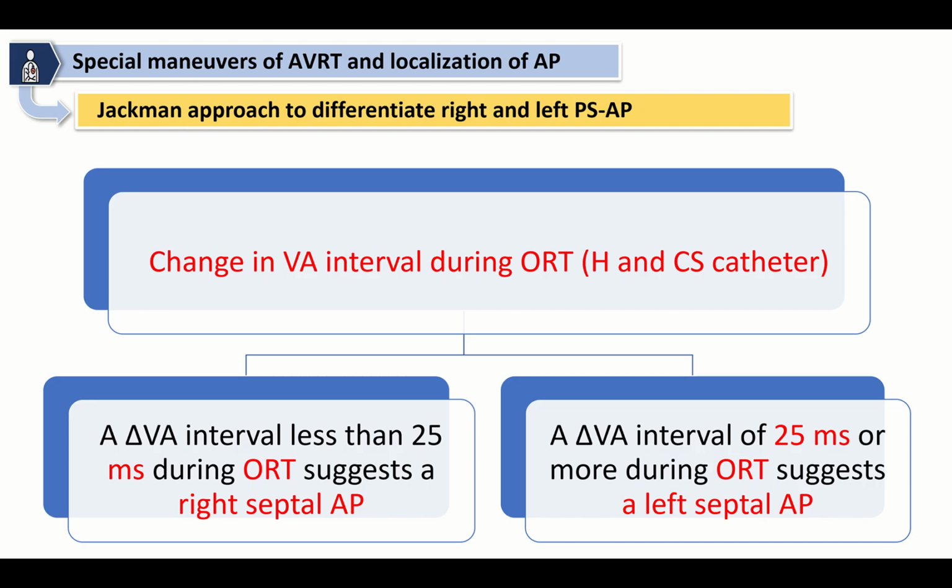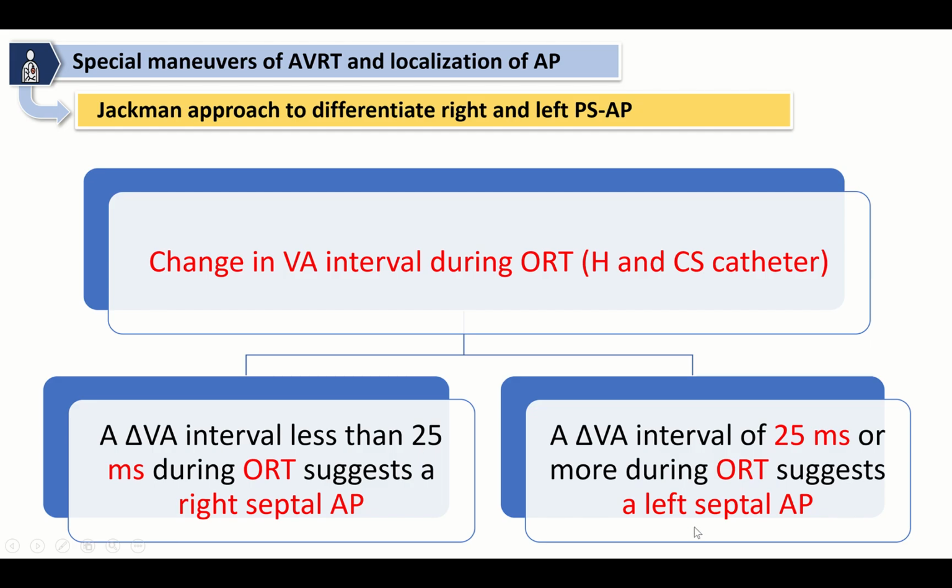A change in VA interval during orthodromic reciprocating tachycardia between His catheter and the coronary sinus catheter, anterior catheter and posterior catheter. In case of right septal accessory pathway, the common septal, we will find a change in VA interval less than 25.